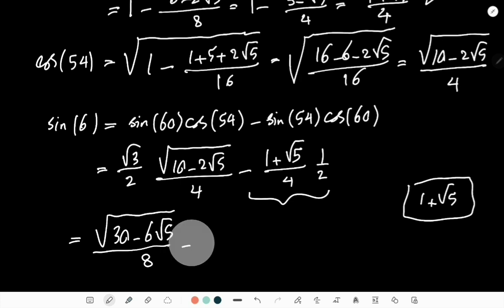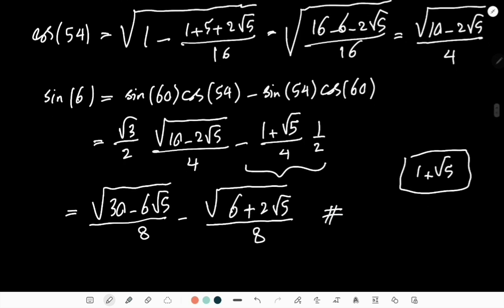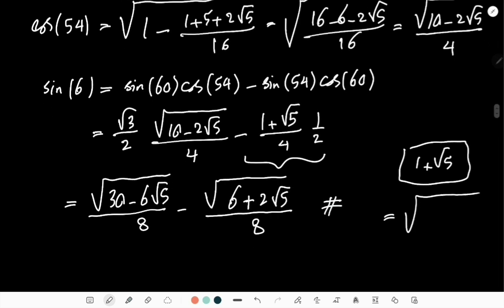But I can write that as square root of 1 plus square root of 5 to the power of 2, which is 1 plus 5, which is 6, plus 2 square root of 5. And this is divided by 8. This is precisely what we had. So I just use the fact that this is equal to 1 plus square root of 5 to the power of 2. And yes, we proved this identity.